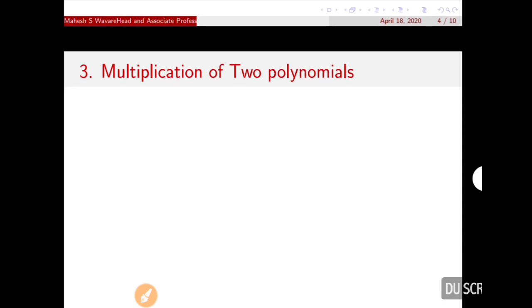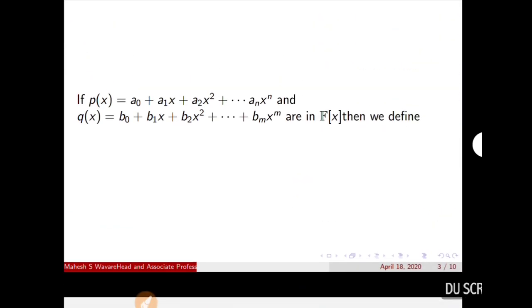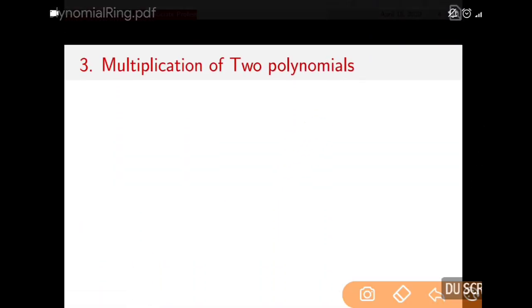And later on, we define the multiplication of two polynomials. How do we define the multiplication? The p(x) and q(x) are defined as earlier. Say this is your p(x) and this is your q(x), and you are taking their multiplication.